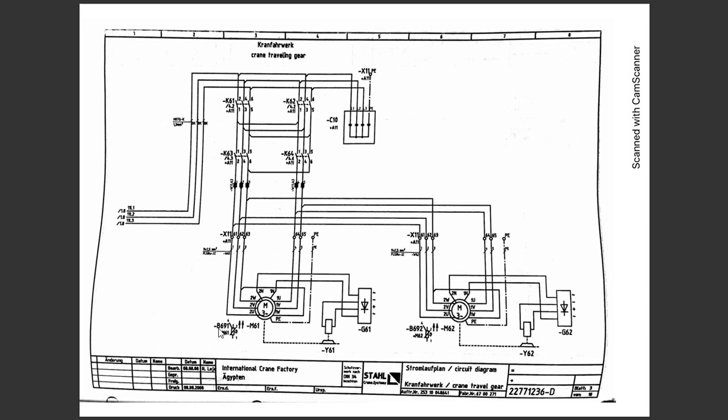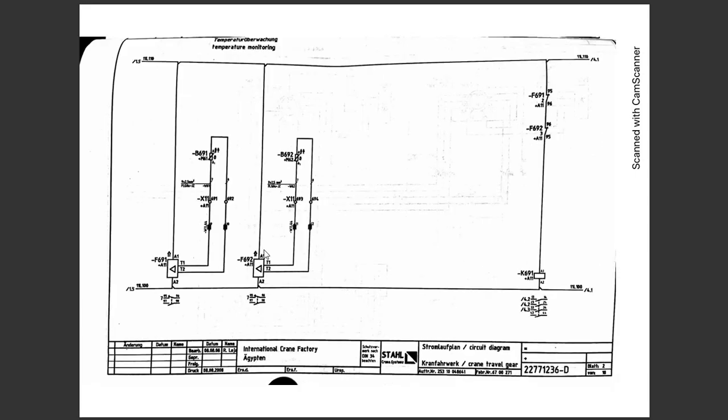Here also we have B691, B692, and in the other motors also we have this internal temperature sensor. This temperature sensor is responsible for measuring the temperature inside the winding of the motor, and if it has a higher temperature, it will make this crane stop. So here, as you can see, this is our temperature sensor, which is giving a signal to this relay F691, F692, for example.